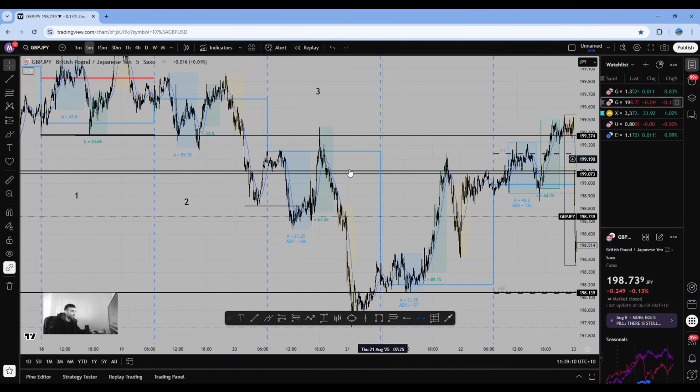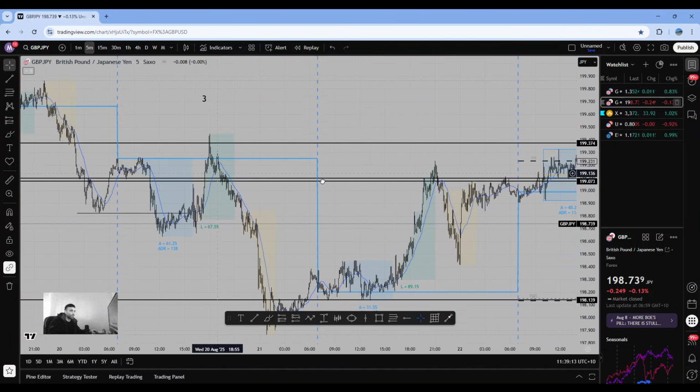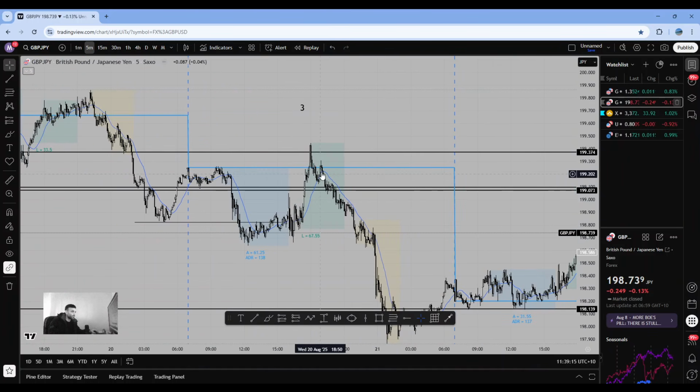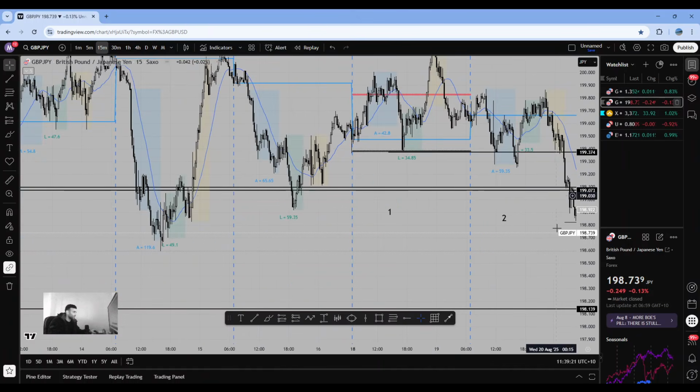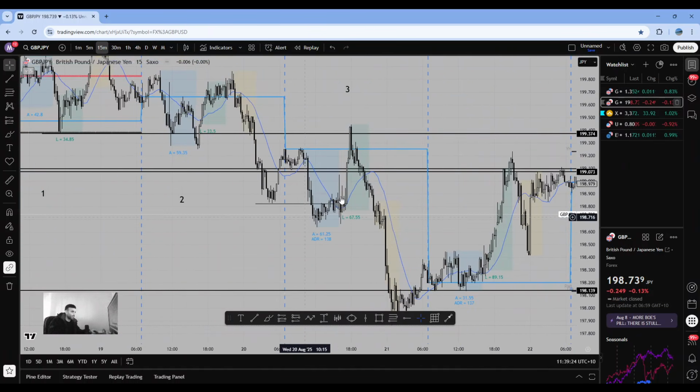And you could have entered on the 5-minute chart as soon as we broke this EMA, or you could have entered on the 15-minute chart on the break of this EMA, or you could have entered right below yesterday's close. Always think of your entry as last night's close.